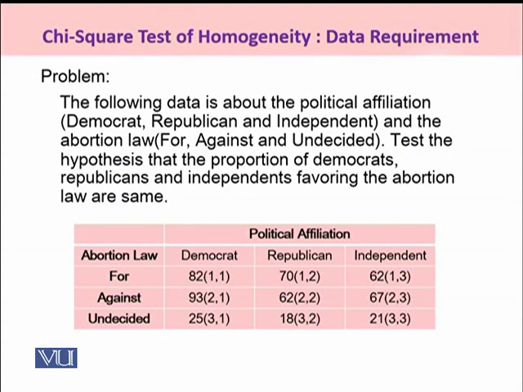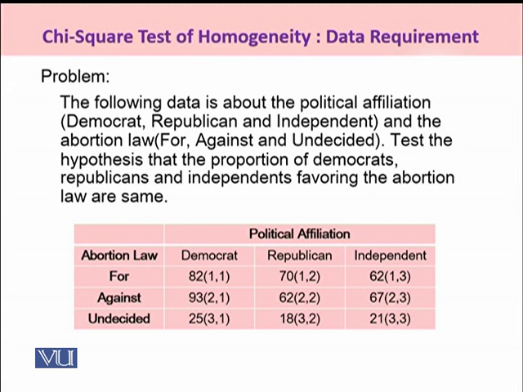It is about the political affiliation, Democrat, Republican and Independent, whereas the abortion law is shown in the form of the rows, and there are three categories for that. The first one is for, then against the abortion law, and the last category is the one which remained undecided.